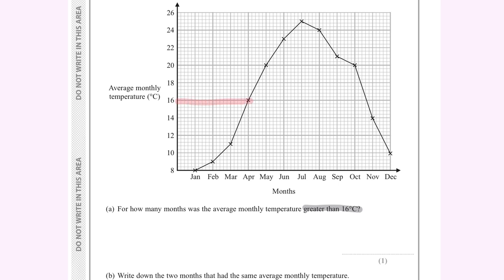Draw on 16. We're just going to pick all the months that are greater than 16. It has to be greater, it can't actually be 16. So we've got May, that's 1, June, July, August, September, October, and that's it. So that's 1, 2, 3, 4, 5, 6 months.